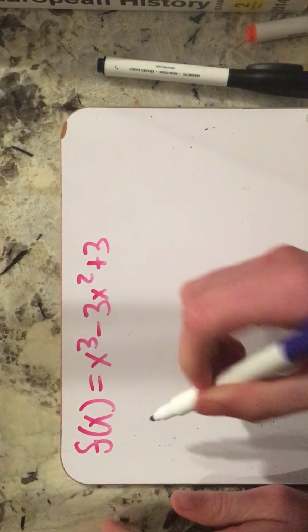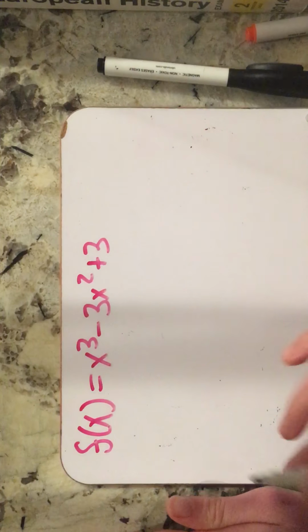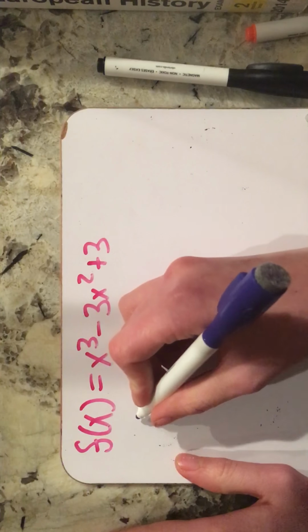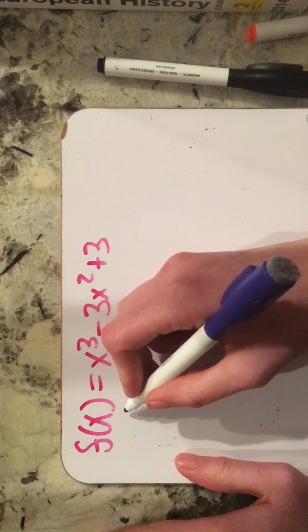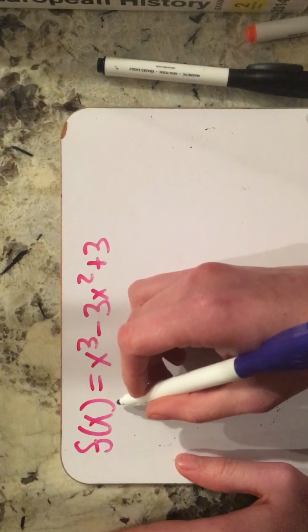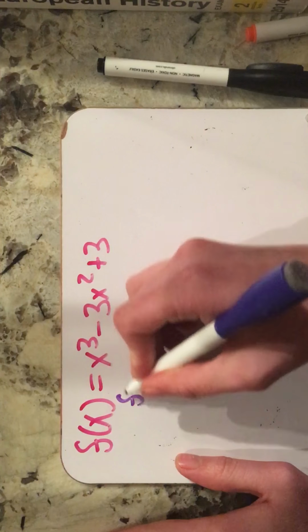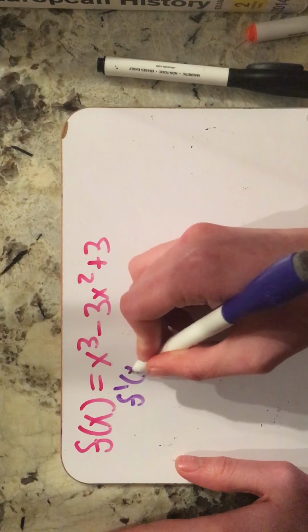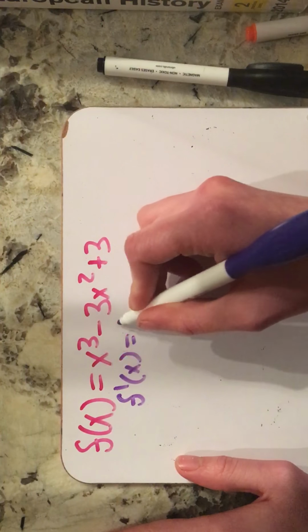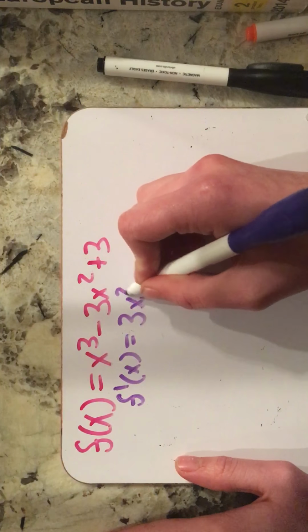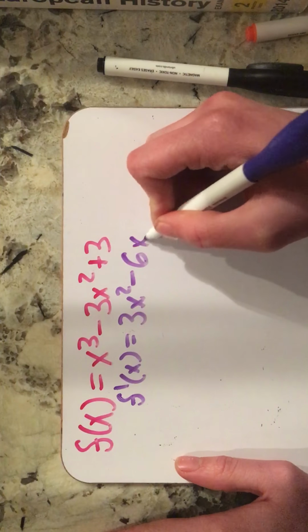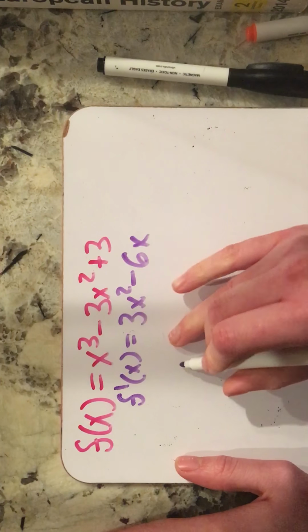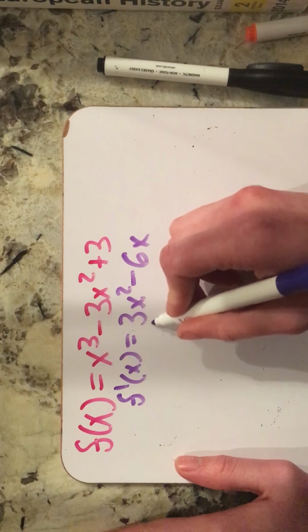Okay, so let's get into this. The first thing you have to do when determining your concavity on an interval is find your first and second derivative, and find your critical points from your first derivative. So f prime of x is going to be 3x squared minus 6x. And for our critical points, we set this equal to 0.